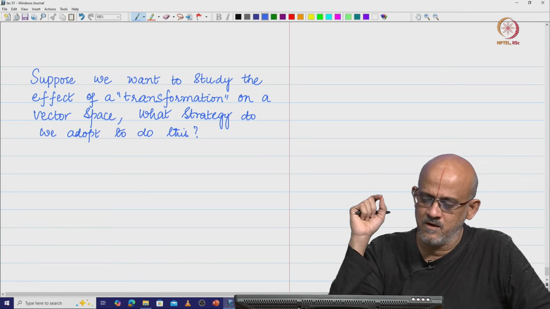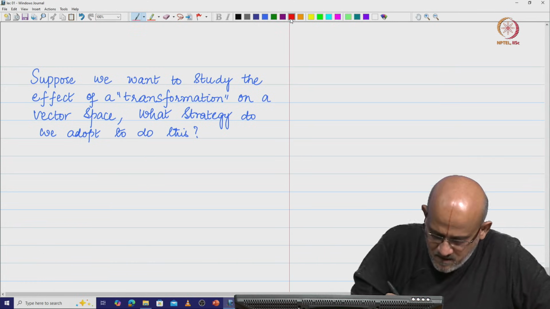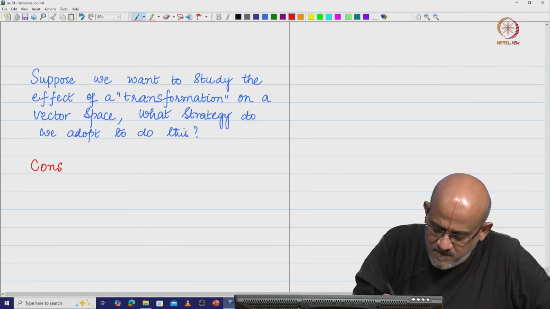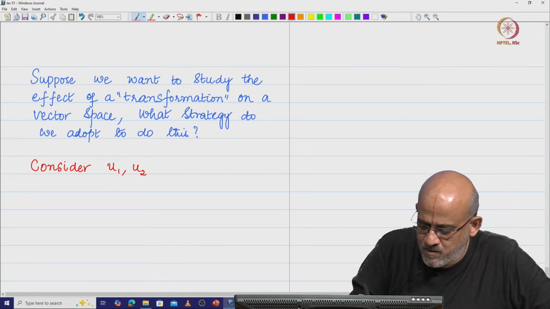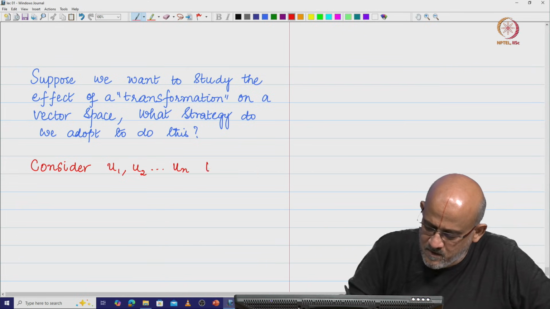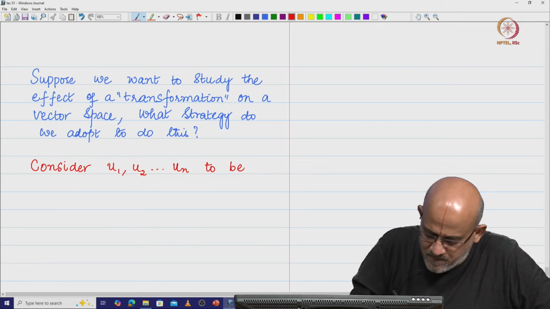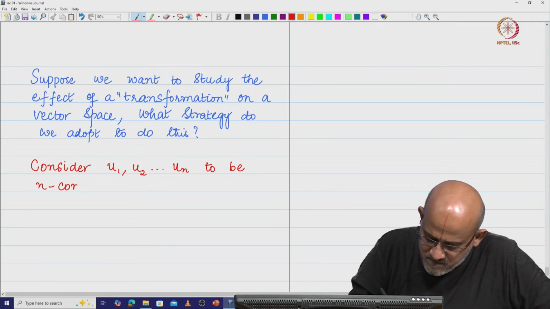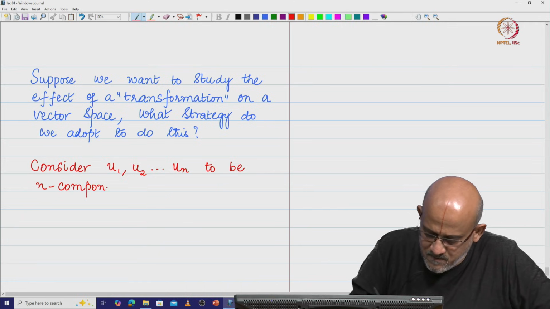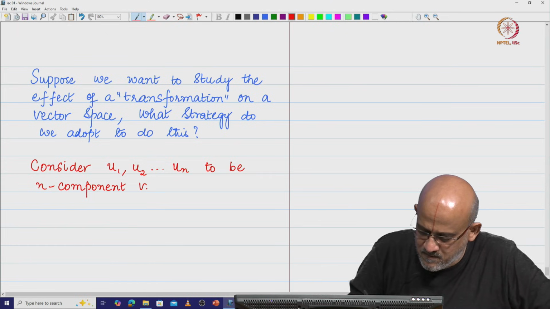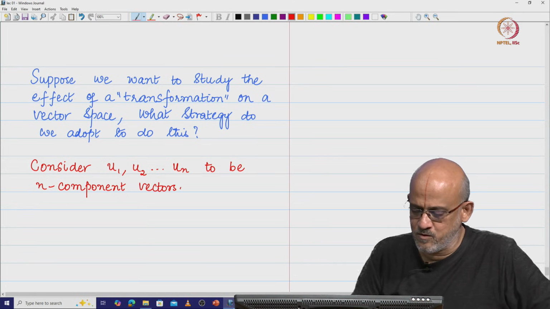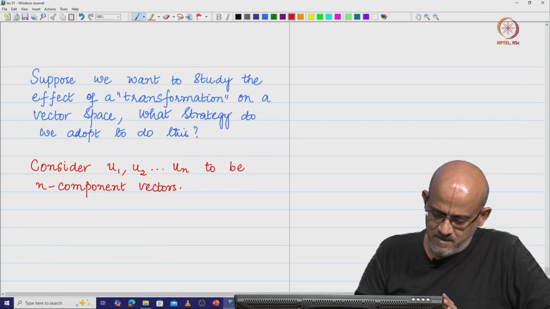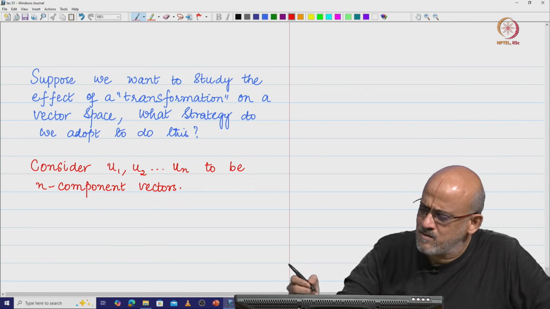So, what we are going to do is consider u1, u2, etc., un to be n component vectors. I have a set of vectors u1, u2, un.